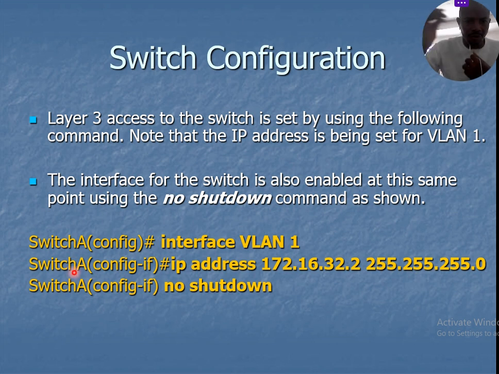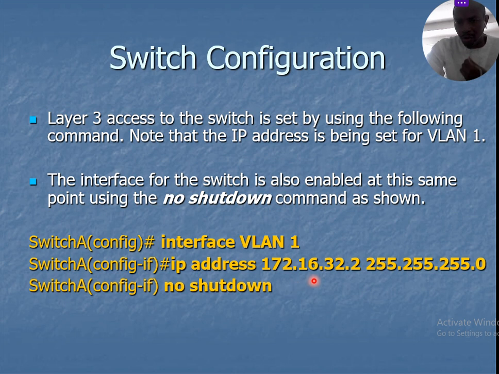So you say switch A config hashtag interface VLAN 1. Then switch A config-if, where IF is interface. These are the commands that you write on the command line interface for configuring the switch. Switch A config-if hashtag ip address.